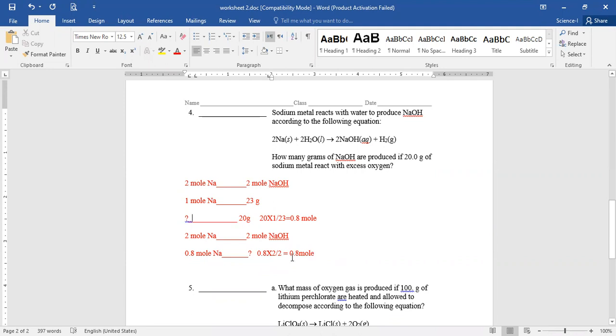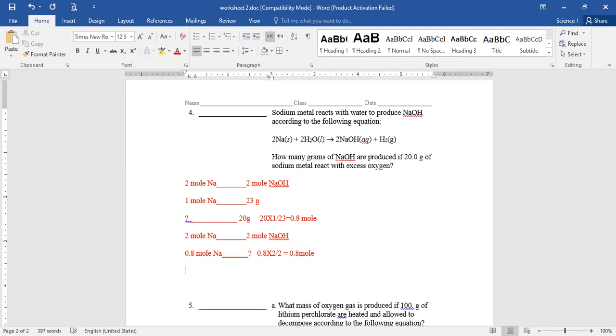Okay, so like this, we get the amount of NaOH in mole, but he asks about gram, so we need to change this amount in moles into gram. So 1 mole of NaOH equals how many gram? Sodium is 23, oxygen is 16, and hydrogen is 1, so it equals 40 gram.